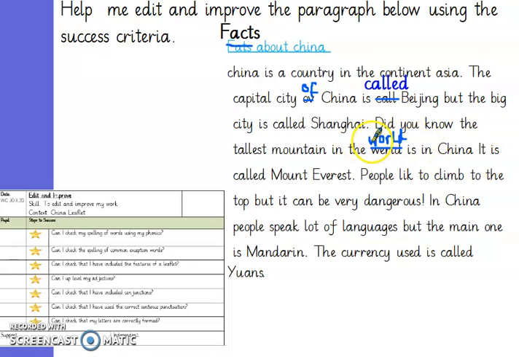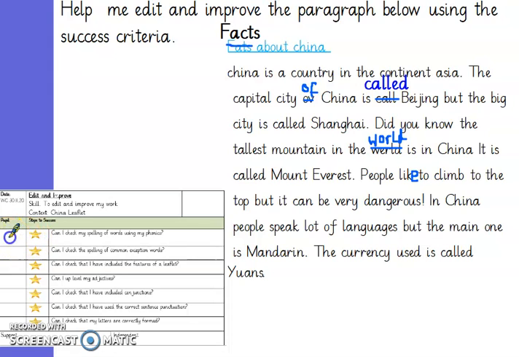World, it sounds older, but the tricky part is here. It's not it's or. Is in China. It is called Mount Everest. The people like to climb to the top, but it can be very dangerous. In China, people speak lots of languages, but the main one is Mandarin. The currency used is called yuans.